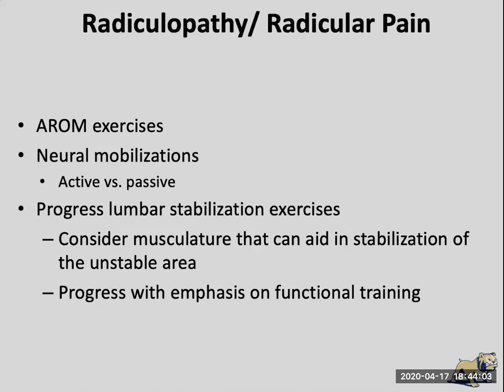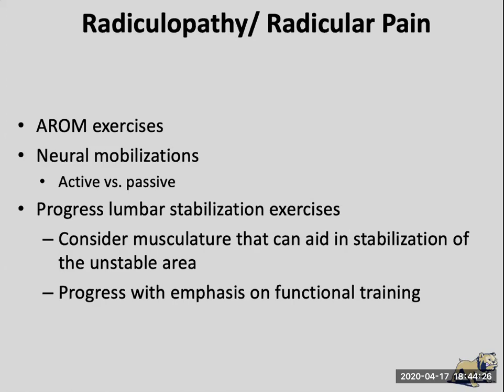So we talked about nerve mobilizations in musculoskeletal one, and we won't go through all the mechanisms again because I know we went over that pretty extensively, but just remember that we could do nerve mobilizations actively and passively as well. And the same concepts apply when we're talking about the lower half of the body here.